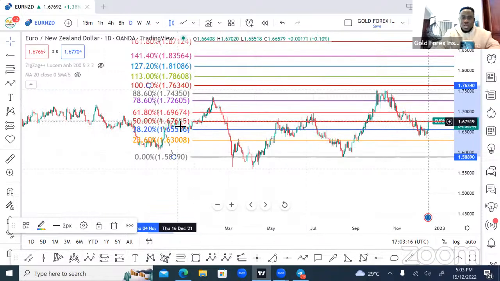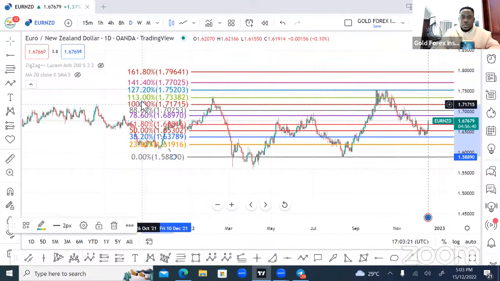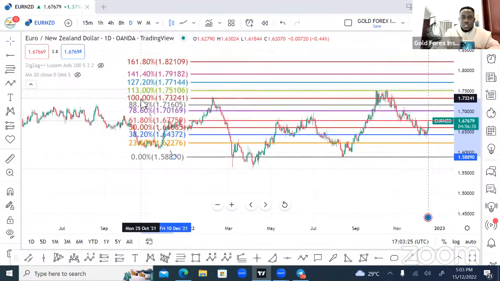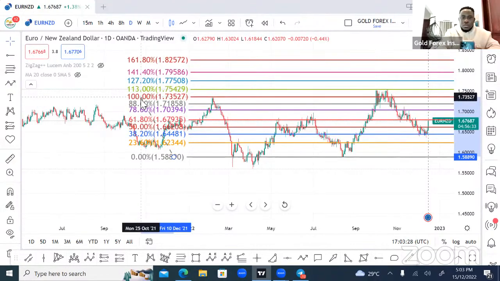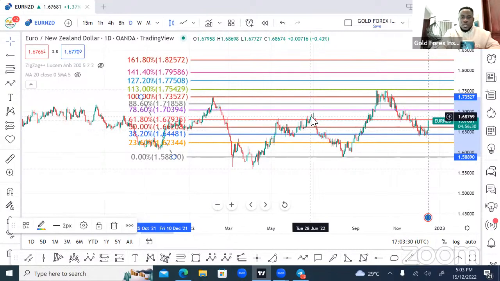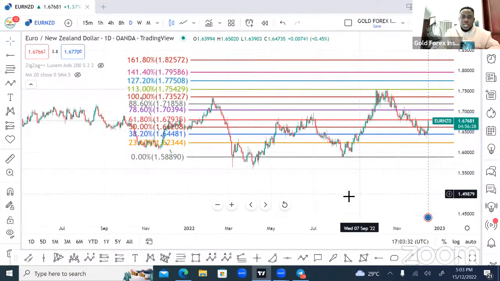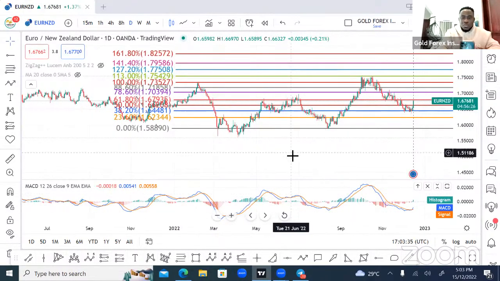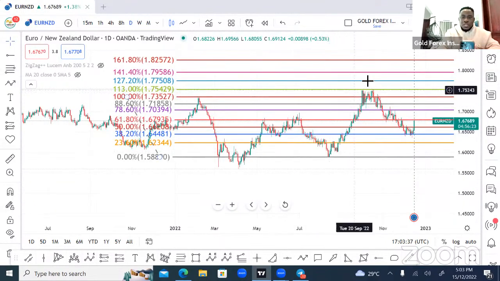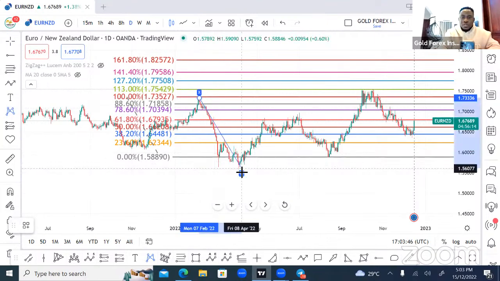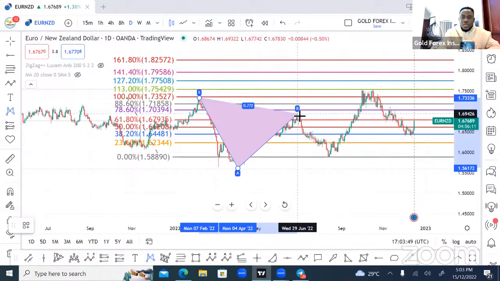Okay, so this is 61. Oh, a moment. This one has to touch. Okay, so if this one is 61.8, then that means that it's possible it might get to 1.272 or 1.618 to form a crab pattern formation. A crab pattern.